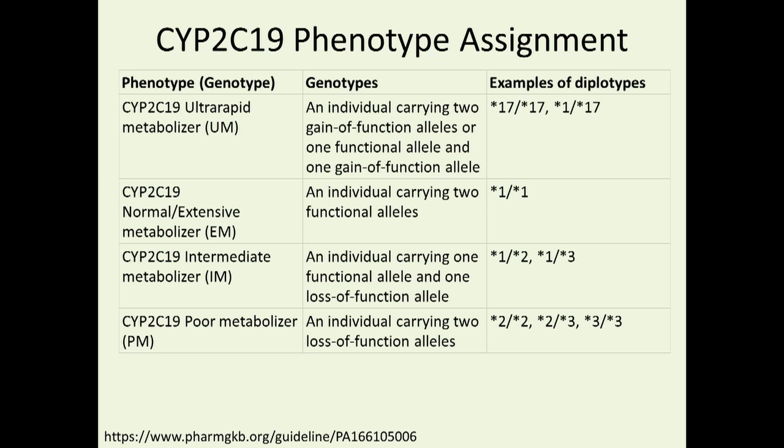So ultra-rapid or fast metabolizer could be either 2 copies of the star 17, or as was mentioned earlier, there's now ultra-rapid and rapid metabolizers. I have these grouped together here. And then those persons carrying 2 copies of the poor metabolizer alleles essentially have no function at all.